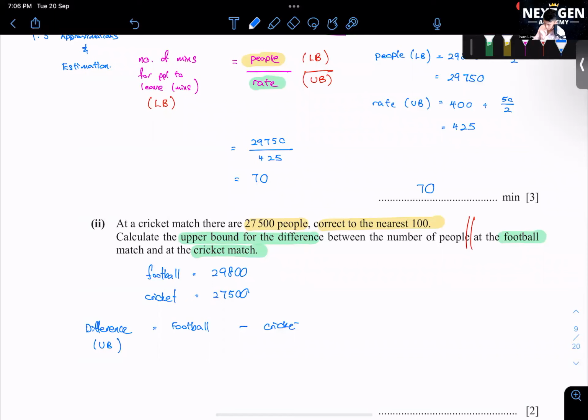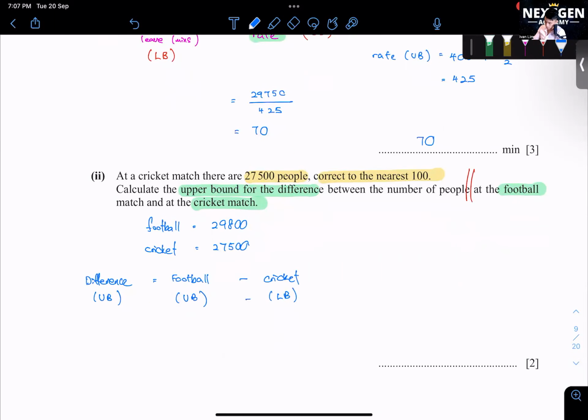How can I get the biggest possible value? What is the combination for something minus something? I take upper bound minus lower bound: a very big value minus a very small value, I will still get a very big value.